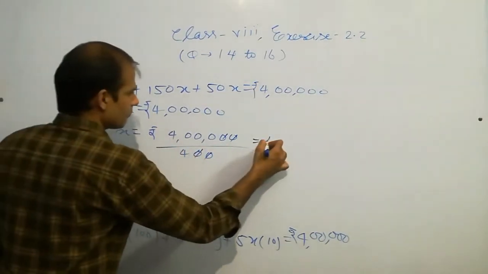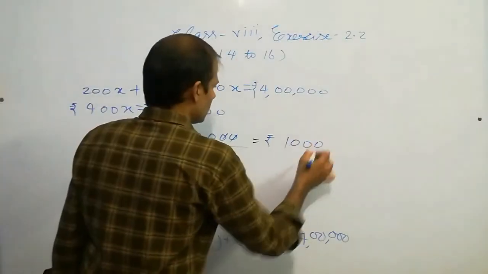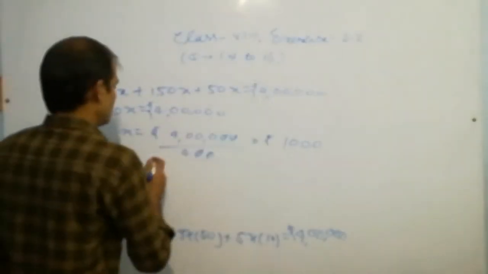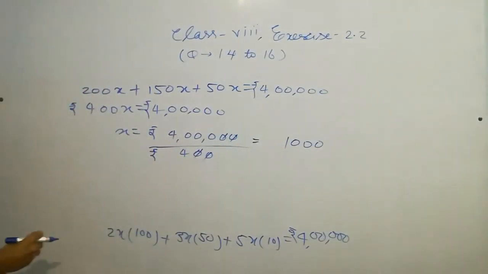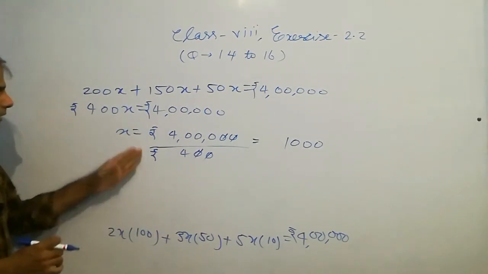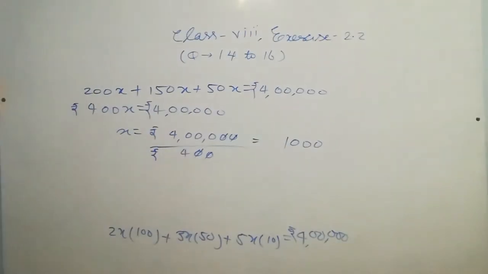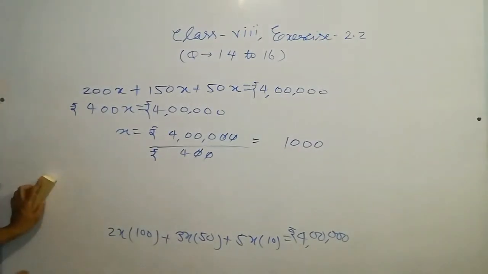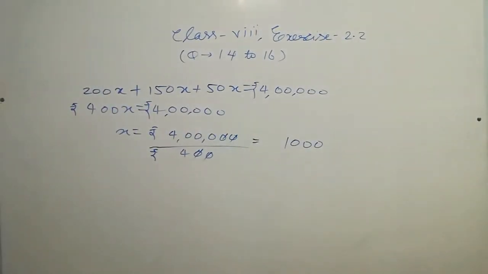So if 4000 is divided by 4, we get 1000. The value of x is only 1000 because the ratio doesn't have any unit. So rupees and rupees also cancelled. 4000 divided by 4 is 1000. All right, so x equals 1000, and you can find the number of notes of each denomination.